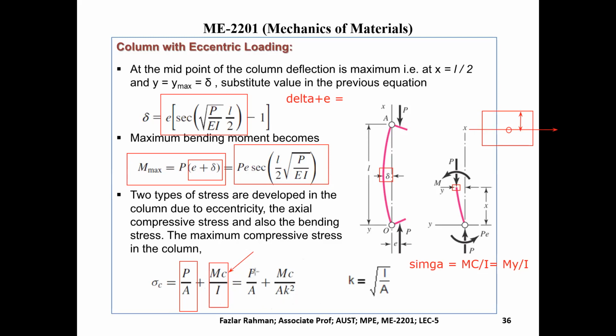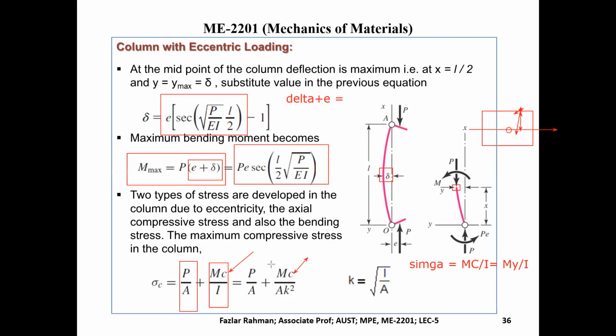Now this P by A, we can bring over here. How? This C is not the end condition, this one. This is like the distance from the neutral axis to the outer fiber of the column. Now the value of M is right over here.